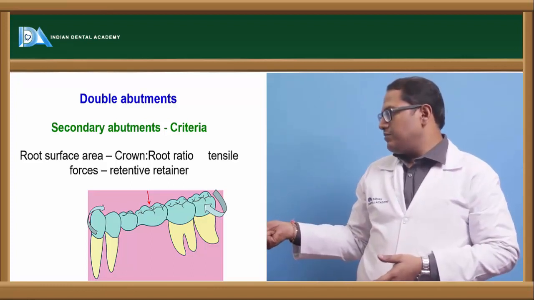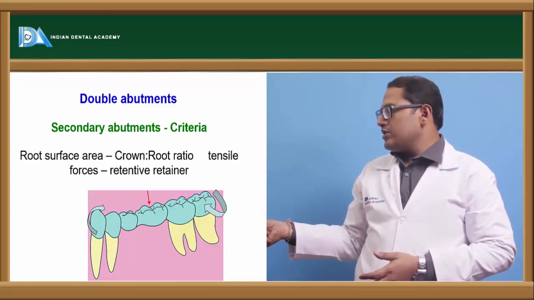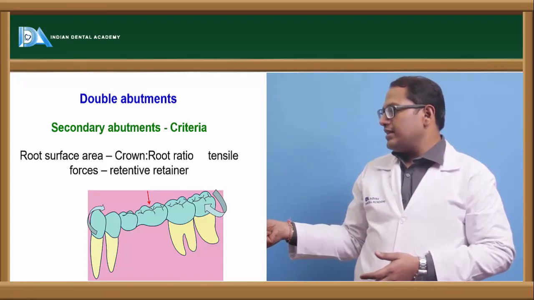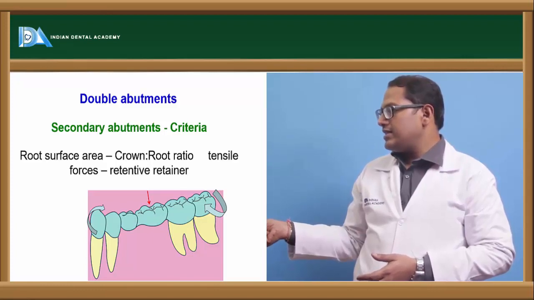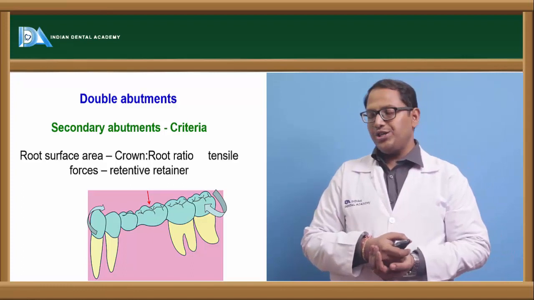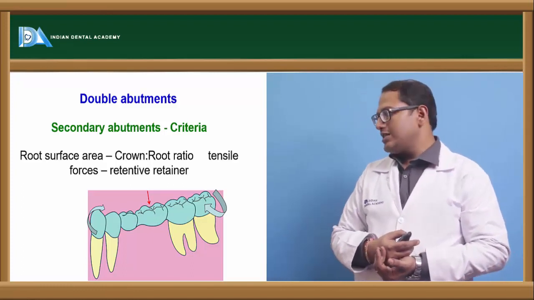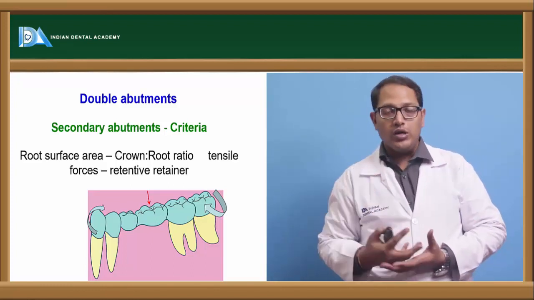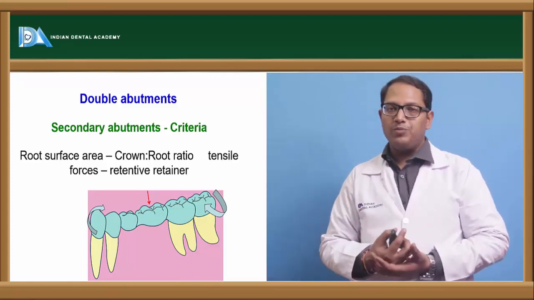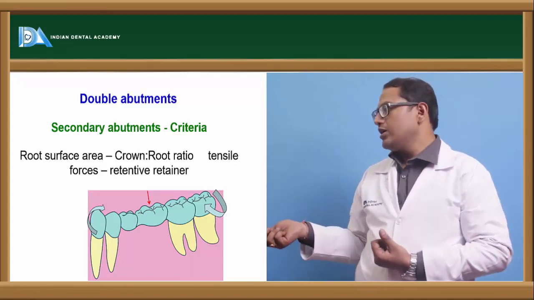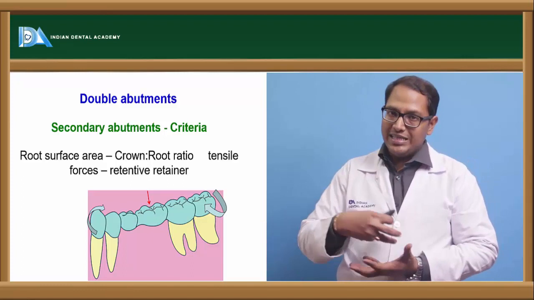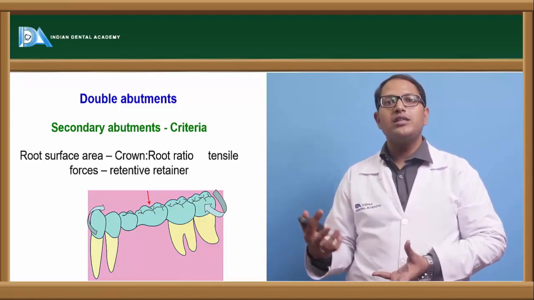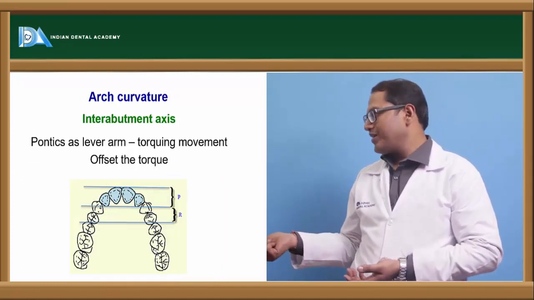For example, here this force is distributed between this tooth and this tooth. So the crown root ratio and the tensile forces are retentively more. The prosthesis will retain more because the root surface area is distributed and it is also following Ante's law.